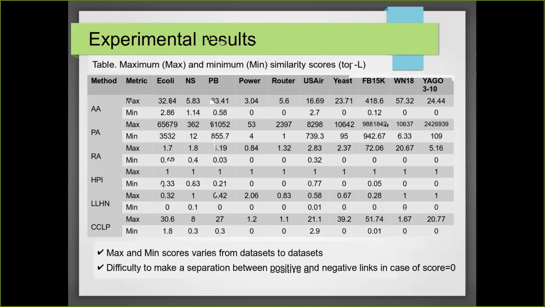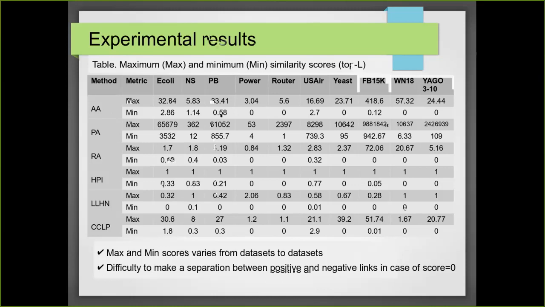And here is the experimental result. First of all, the minimum and maximum similarity scores. Here is the table. We can see that the methods show different similarity-based scores in terms of minimum and maximum scores.